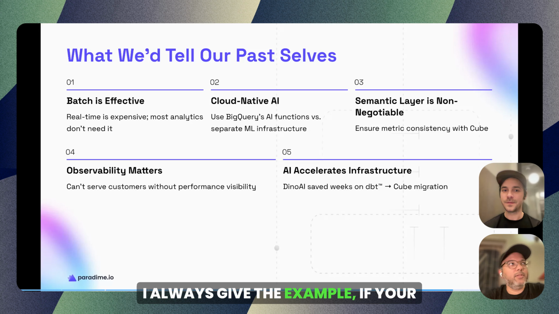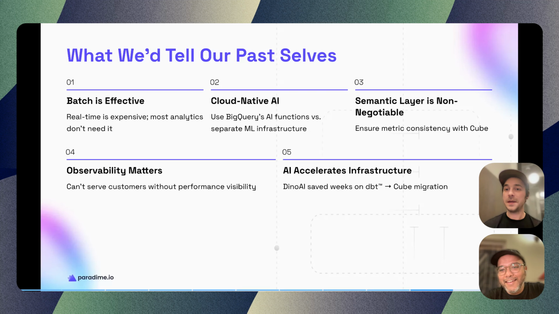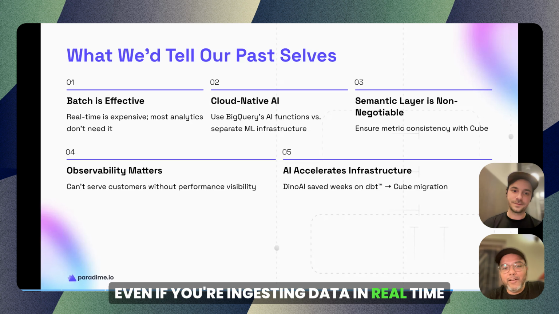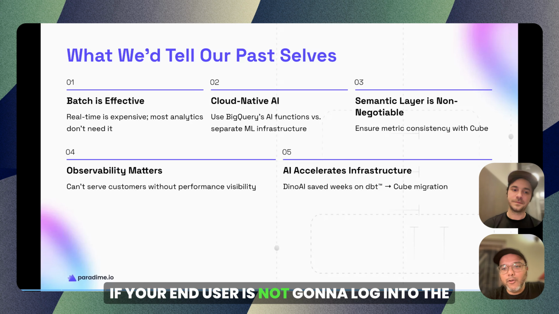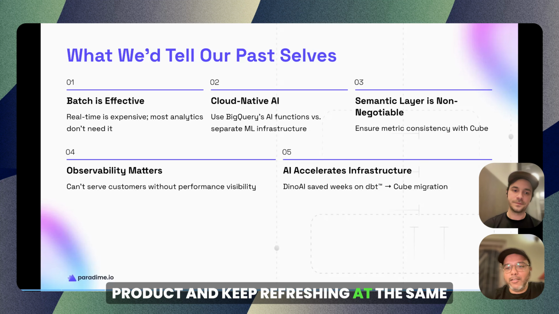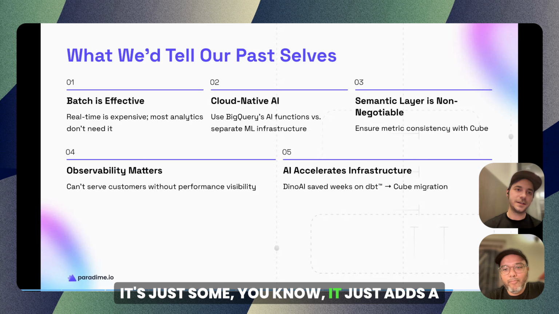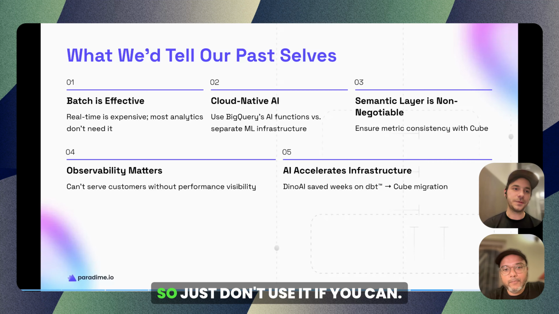I always give the example: if your ingestion is not real time, what is real time? Even if you're ingesting data in real time over a Kafka stream or something like that, if your end user is not going to log into the product and keep refreshing at the same time, then what's the point of it? It just adds a lot of complexity, and in a lot of cases it's just not necessary. So just don't use it if you can.